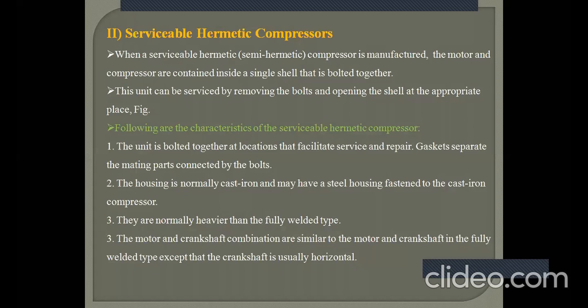They are heavier than the welded type because their capacity is also more. The motor and crankshaft combination is similar to that in the fully welded type, except that the crankshaft is usually horizontal. That is the change. The location of the crankshaft is horizontal, not vertical, as in the case of the welded type.